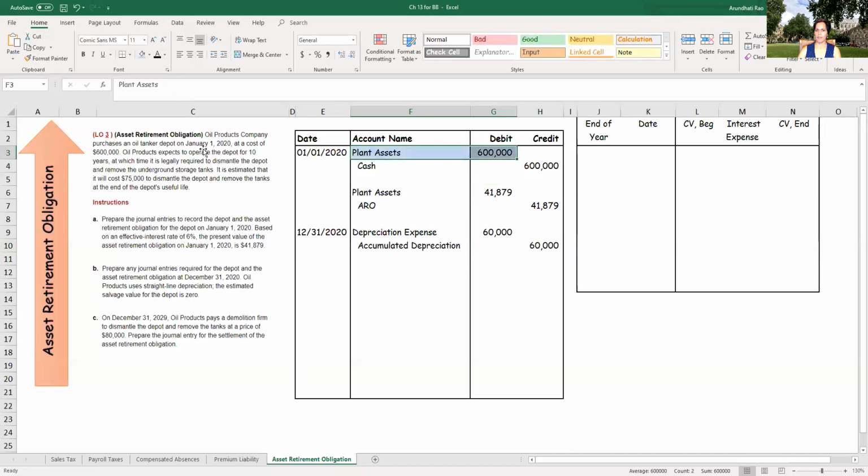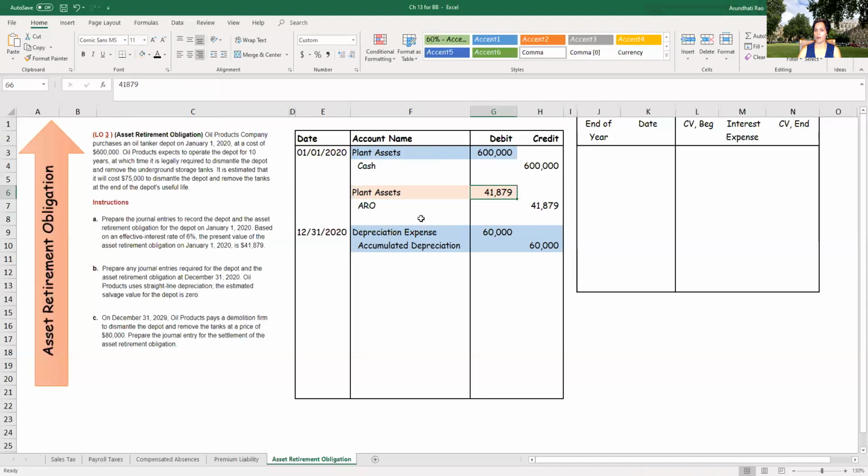This number that I have here, I'm going to show the corresponding depreciation as 60,000. Now this plant asset that I have here, it's the same plant asset, but this dollar amount, let me put this in a different color. This also needs to be depreciated. Same thing, 10 years, straight line method, zero salvage value.